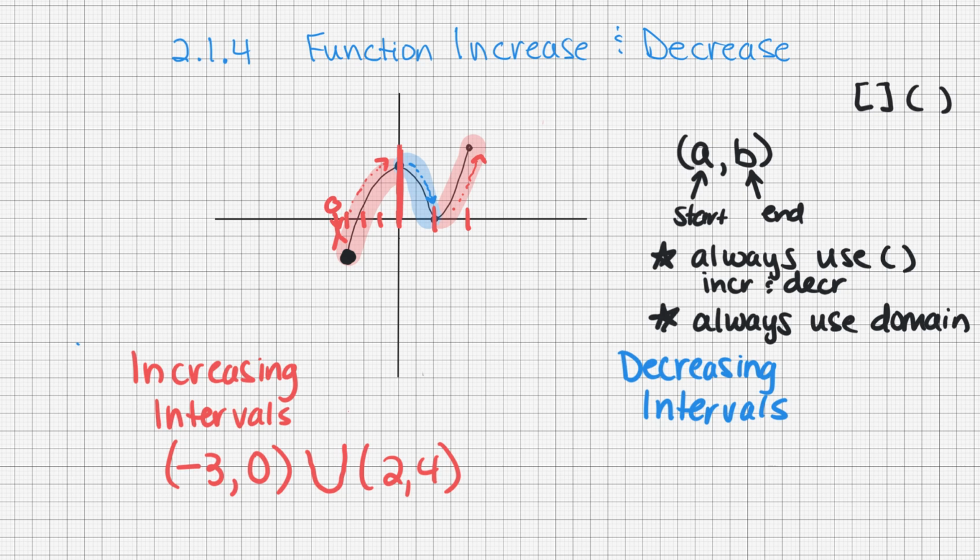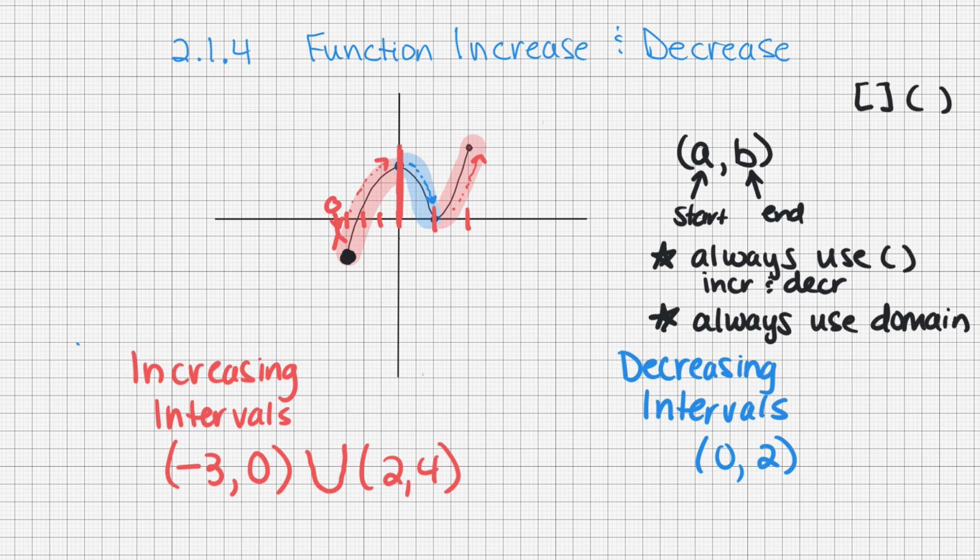So it's increasing on the -3, 0 interval or the 2 to 4 interval. Okay? All right, what would be the decreasing interval? 0 to 2. So that's how you write the interval notation for increasing and decreasing.